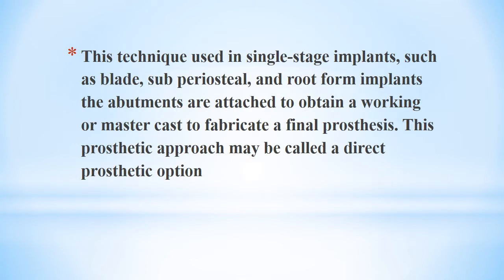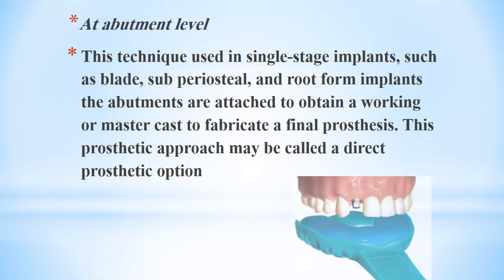This technique is used in single-stage implants such as blade, subperiosteal, and root form implants. The abutments are attached to obtain a working or master cast to fabricate the final prosthesis. This prosthetic approach may be called a direct prosthetic option.